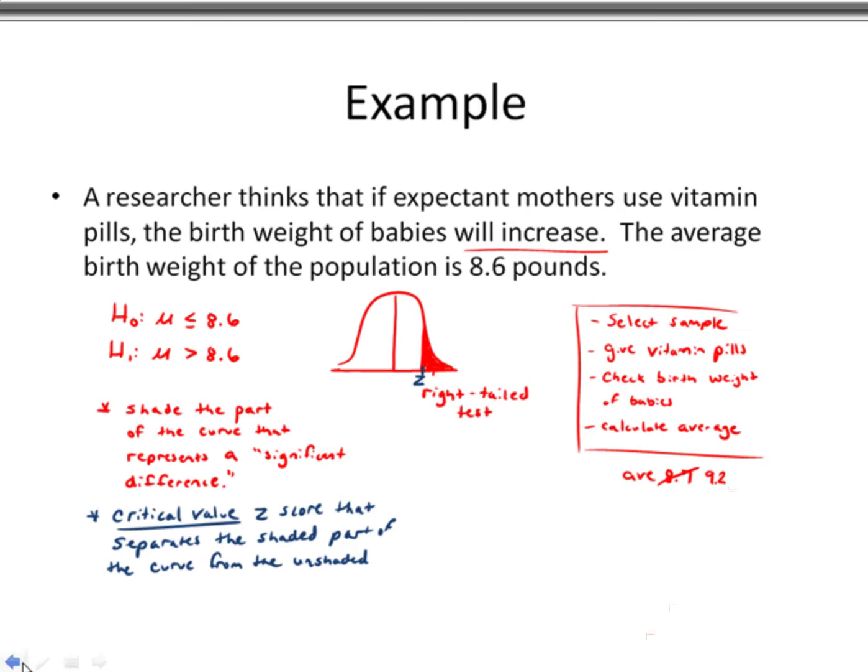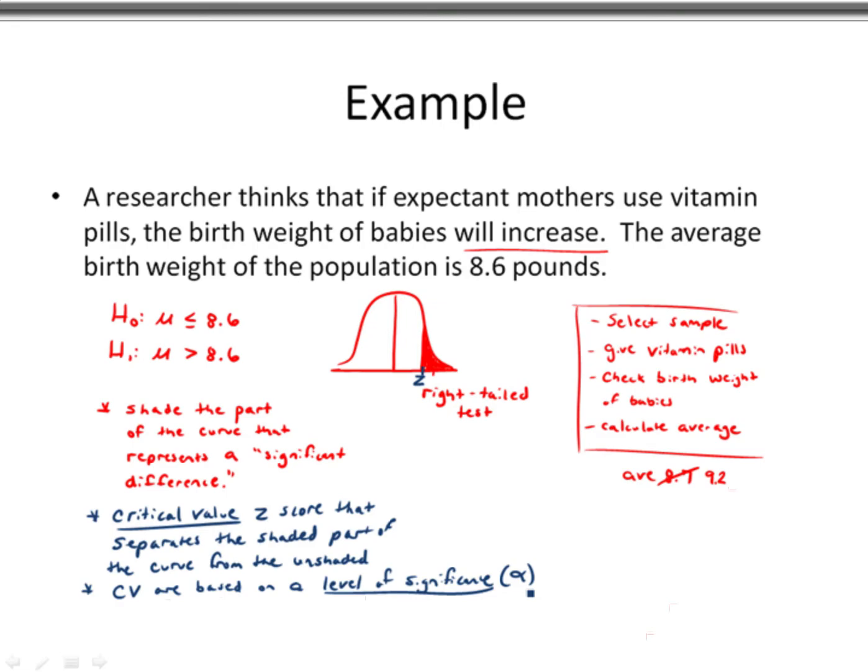Now, these critical values are based on what we're going to call a level of significance. And the level of significance is going to be denoted by alpha. And alpha will be given to you in each problem that you will be working.